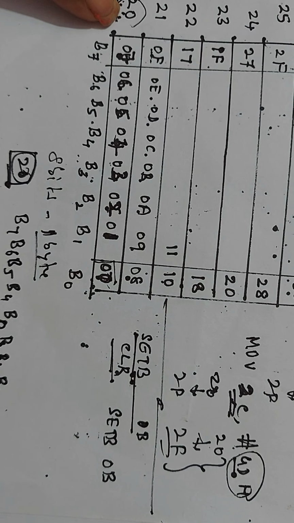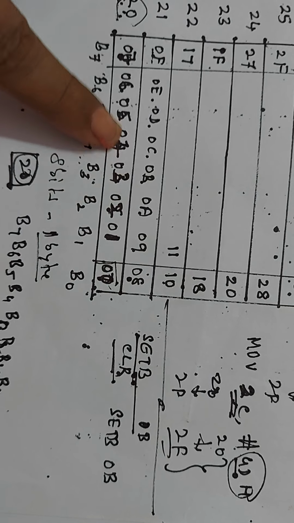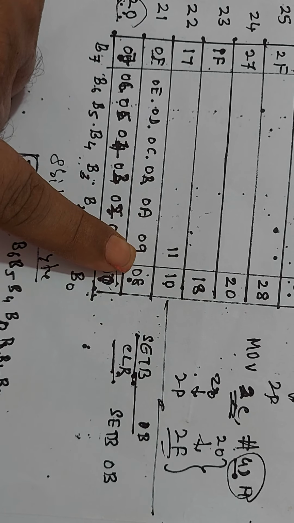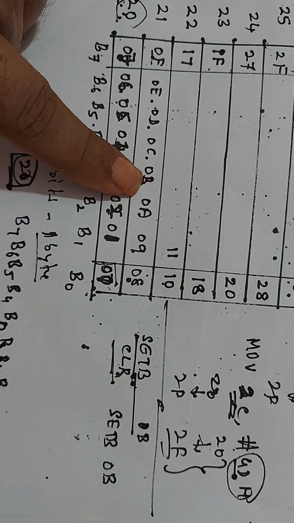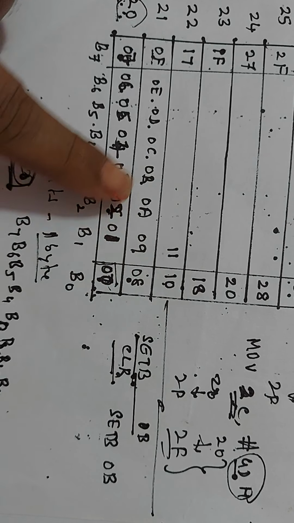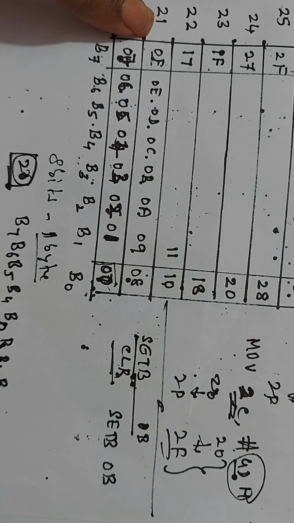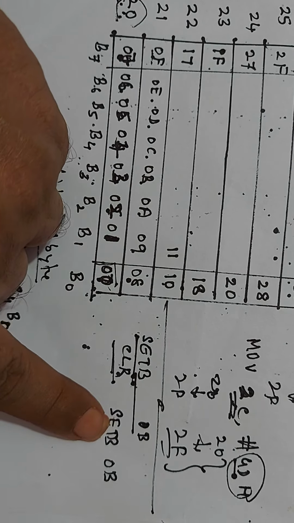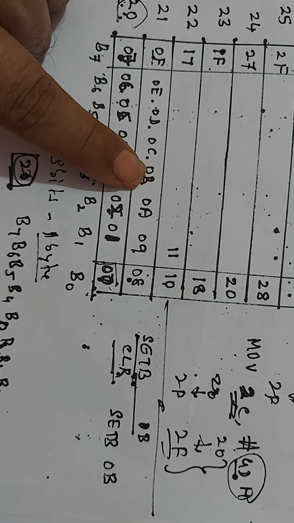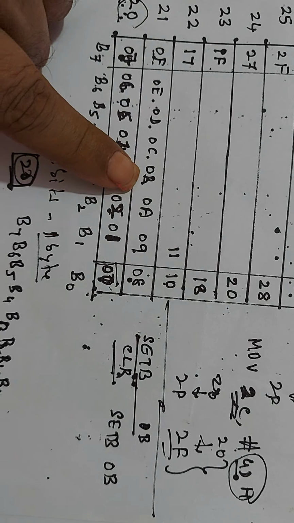Which bit is it? 0, 1, 2, 3, 4, 5, 6, 7, 8, 9, after that this is 0A, and this is 0B. 0B is the fourth bit of RAM location 21. If this bit contains 0, then the instruction set bit 0B makes the fourth bit of RAM location 21 to 1.